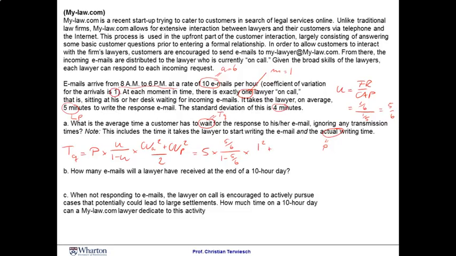Plus CVP squared. Well, the standard deviation here is 4 minutes, and the mean is 5 minutes, and so we are dealing here with 0.8, 4 divided by 5, and we're going to square this, and then we're going to divide both of these by 2.